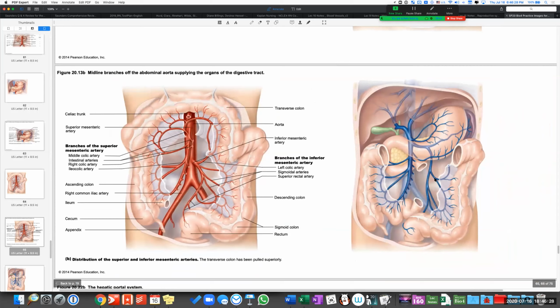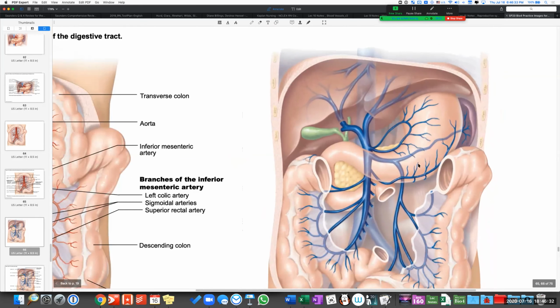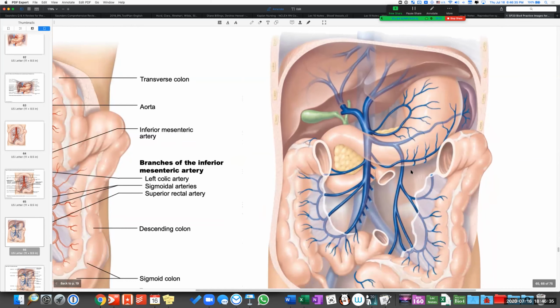Now, looking at the venous drainage of your digestive system. Recall from earlier lectures, we've talked about the hepatic portal system. Its importance is that because it's a portal system, it contains two capillary beds. The first is responsible for absorption of nutrients from the intestines.